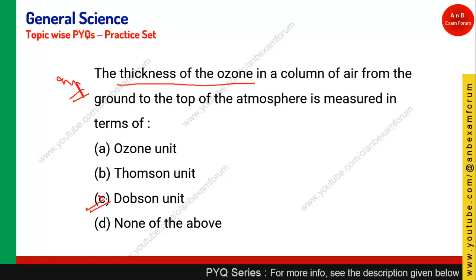The Dobson unit is used to define the thickness of ozone layer concentration in the atmosphere. Just remember this name, don't go with the ozone unit. So the Dobson unit is the right answer.